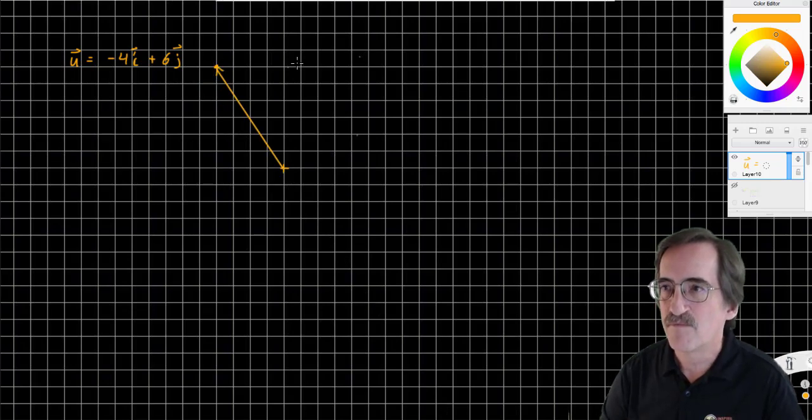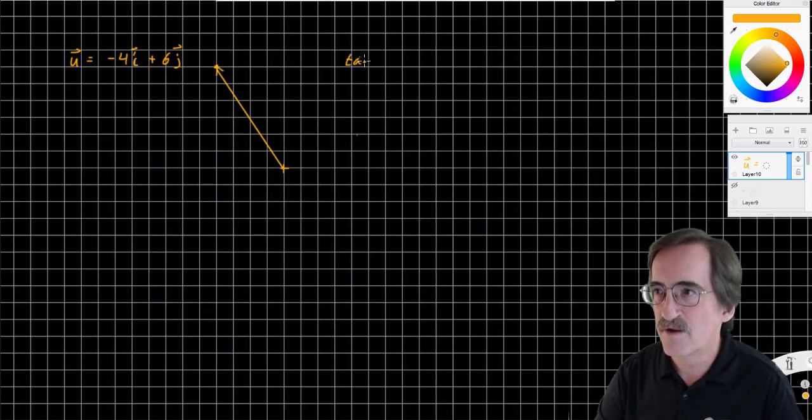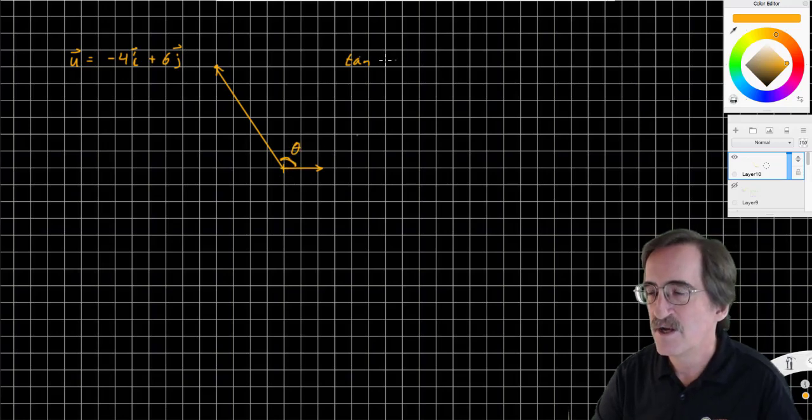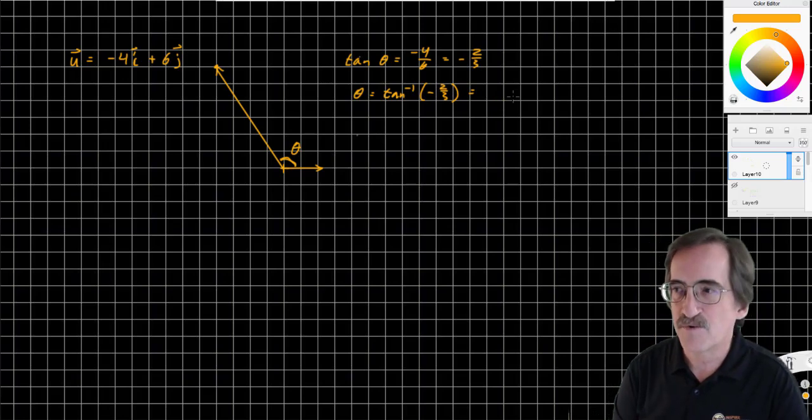But we say tangent of theta, now this is theta from the positive x-axis. Theta is measured from the positive x-axis. Tangent of theta equals negative 4 over 6, or negative 2 over 3. And we say theta is arctangent of negative 2/3.